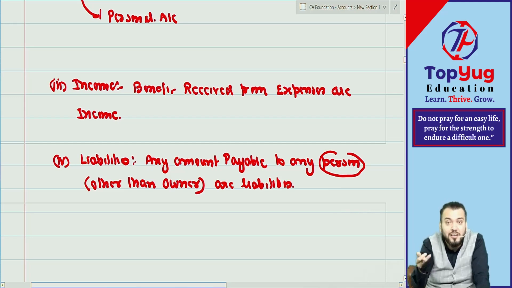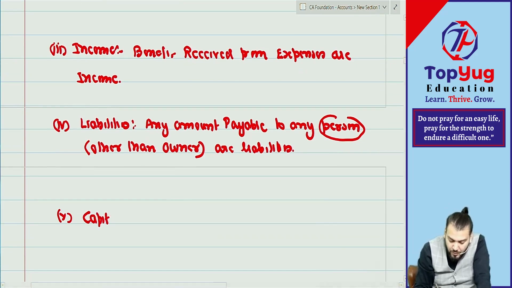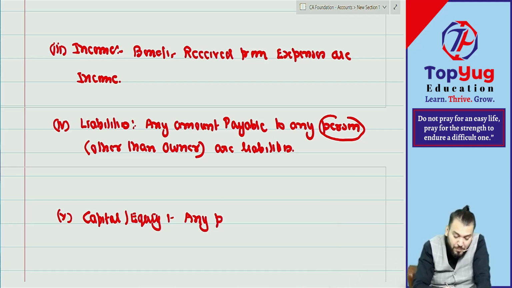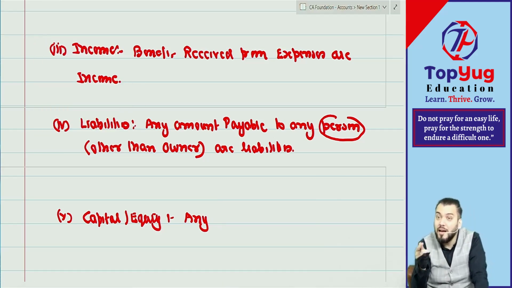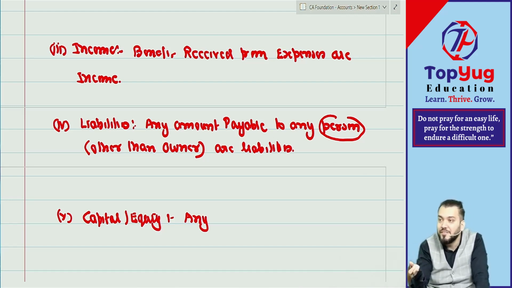Similarly, point number 5, capital, or you can say equity. So can I say any amount payable to whom? Owner. So any amount payable by whom? By business. That is silent because we are doing accounting for business. The benefit will be derived by business only, so this amount will be paid by business only.